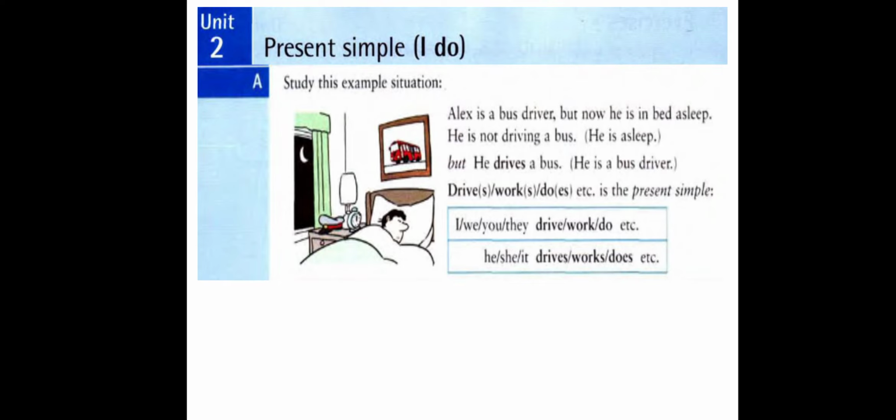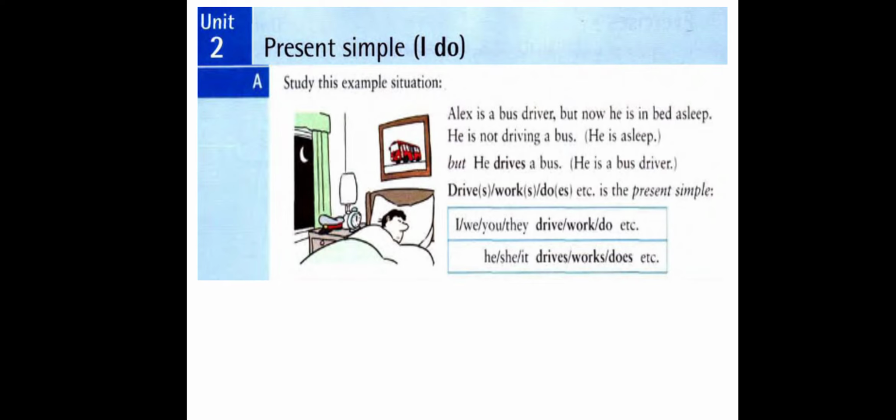Drives here is a verb in the present simple, and since the subject is singular, we use s with the verb drive. Works can be, he works as a bus driver. Works here is a present simple, so we use s because the subject is singular.